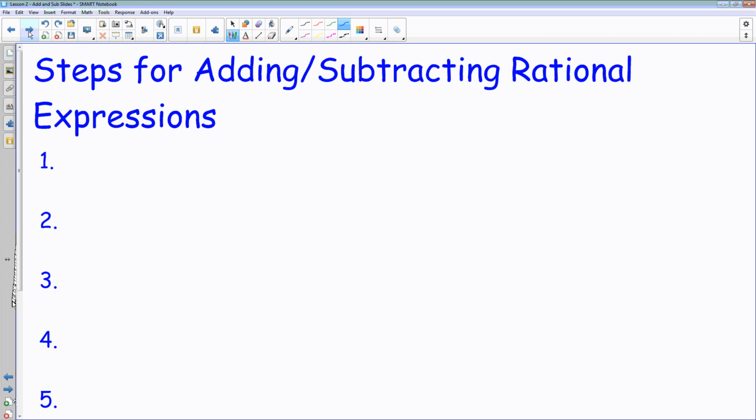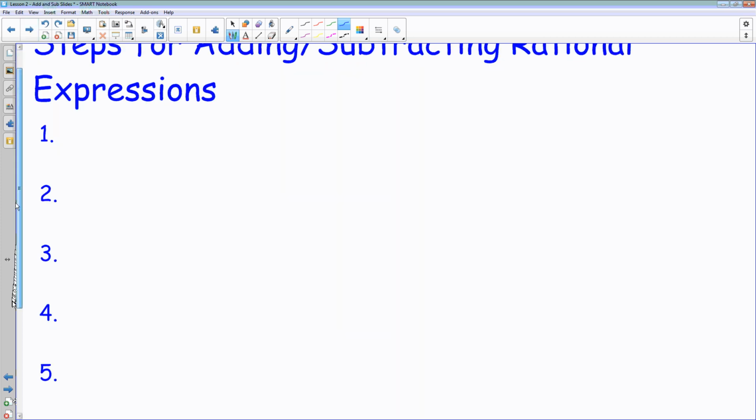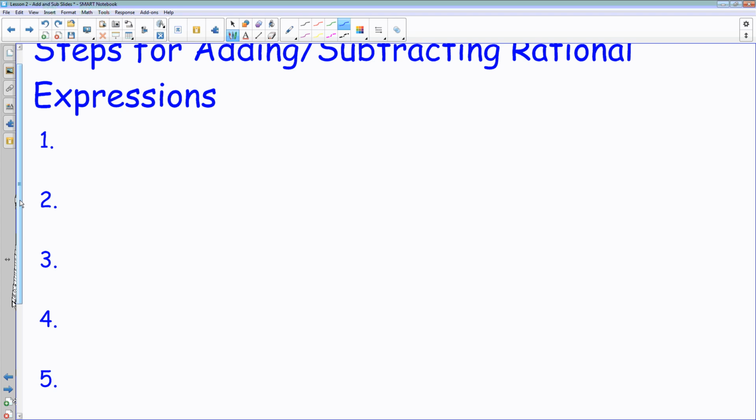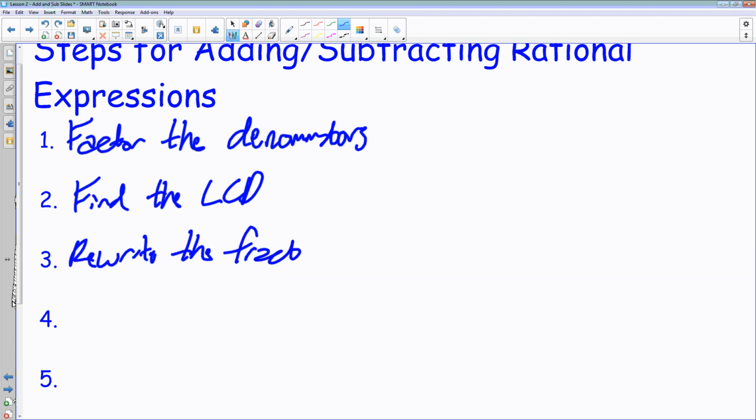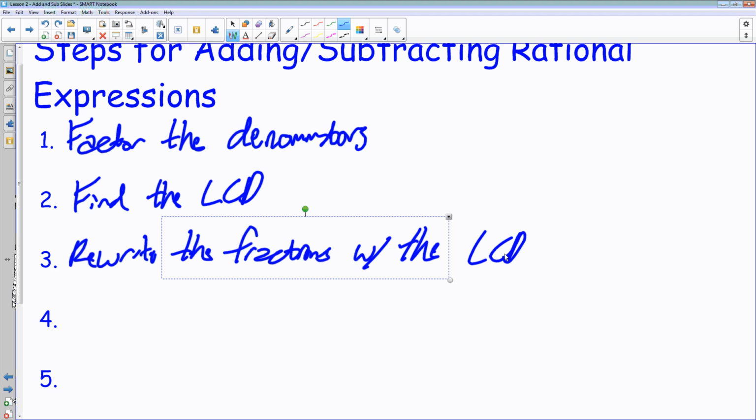So let's take a look at some steps here for when we're adding and subtracting rational expressions. So first thing you want to do, factor the denominators. Okay. Then you're going to find the LCD. Okay, then you're going to rewrite the fractions with the LCD.